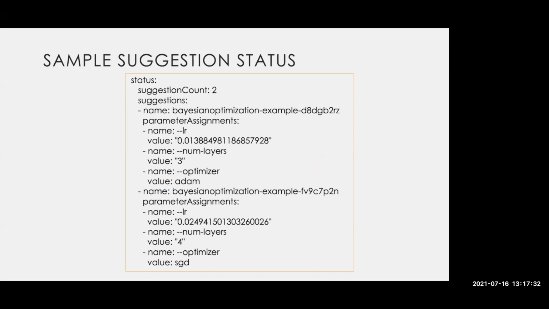So the suggestion controller talks to the algorithm service and creates the suggestion. In the status, the suggestion controller says I have got 2 suggestions, and these are the 2 suggestions. You can see on the top there is one Bayesian optimized example. That's the first one, and there is a second one. And there are 2 solutions with a set of hyperparameter assignments for each variable parameter.